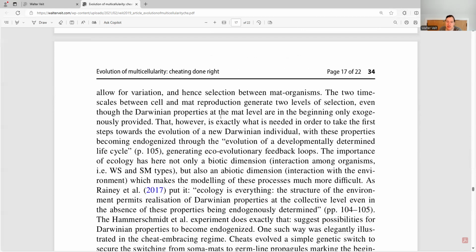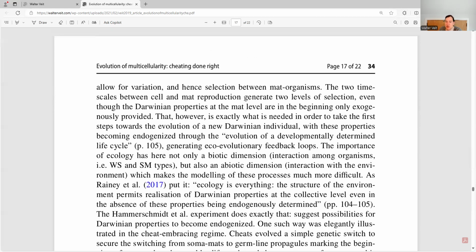The two timescales between cell and MAD reproduction generate two levels of selection, even though the Darwinian properties at the MAD level are in the beginning only exogenously provided. That, however, is exactly what is needed in order to take the first step towards the evolution of a new Darwinian individual, with these properties becoming endogenized through the evolution of a developmentally determined life cycle. Quote, page 105.